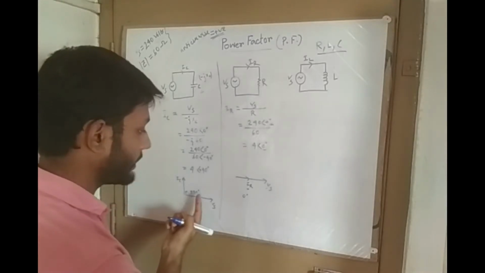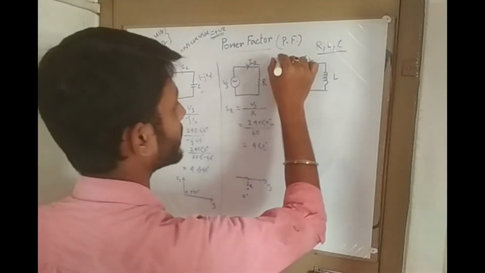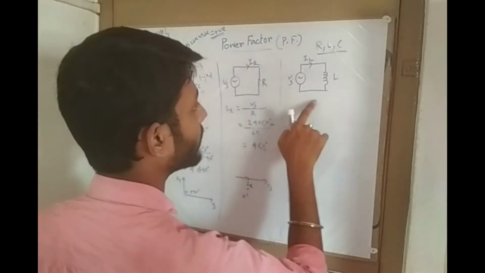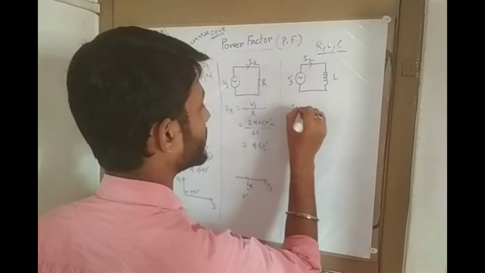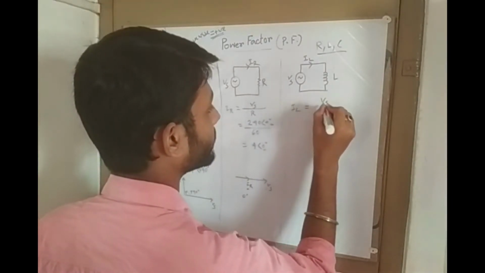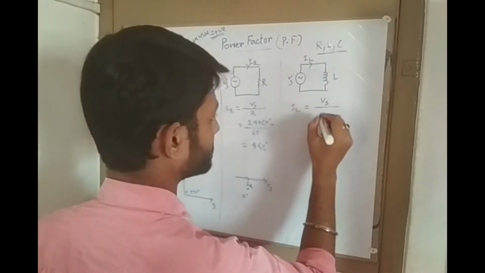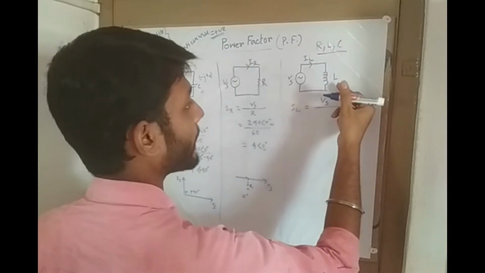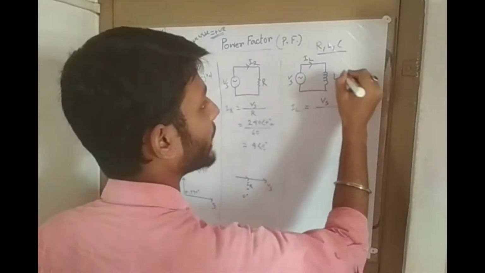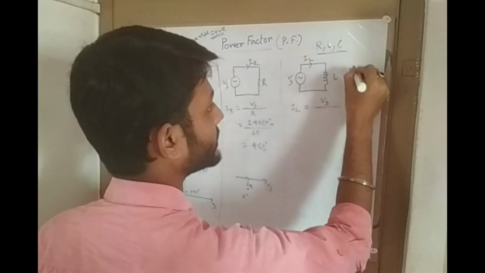Okay, here it is plus 90 degree. And for this inductive load, if we see, IL equal to Vs divided by inductive reactance, which is always positive, that is jXL.